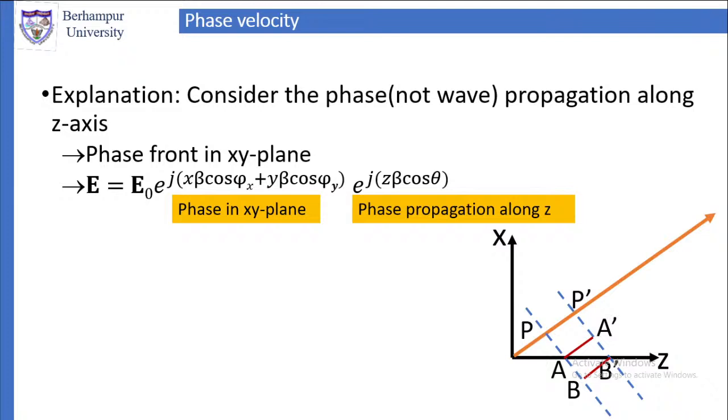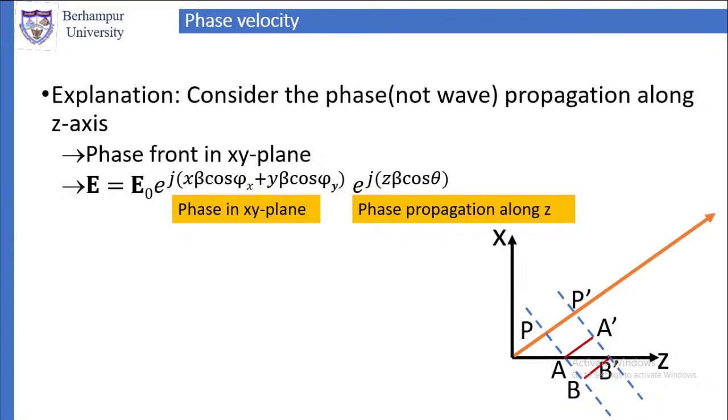So P has moved to the point P dash, A has moved to the point A dash, B has moved to the point B dash. That is the second instant. In the first instant, it was at PAB, crossing the z-axis at A. In the second instant, it is crossing the z-axis at the point B dash, not at the point A dash.